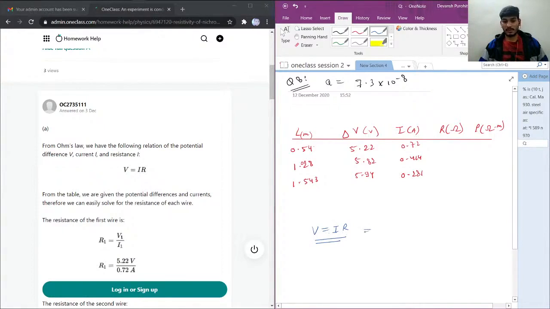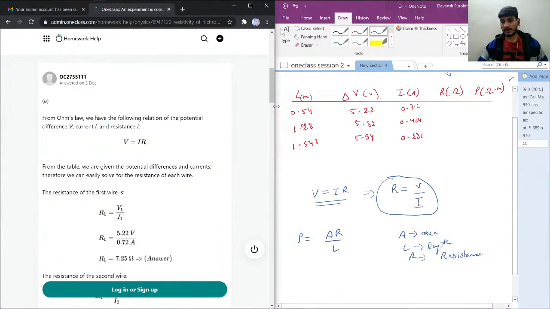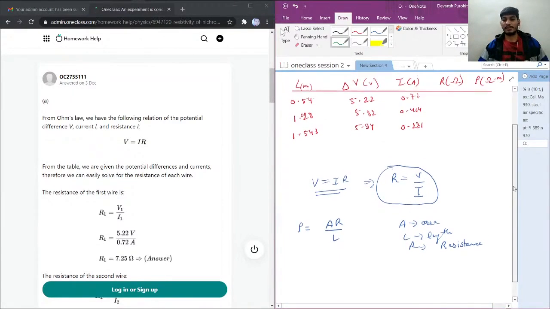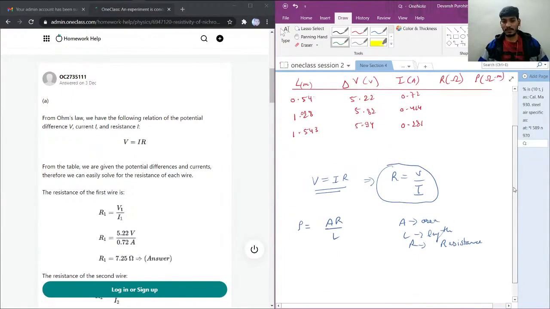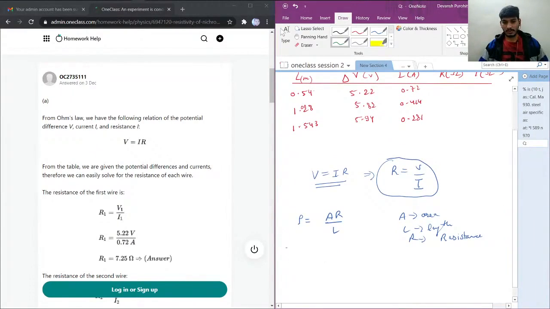So in this way we can calculate R, which is V by I. This R is going to be calculated with this formula, and we calculate resistance and resistivity for 1, 2 and 3. I'll calculate for the first one, and as soon as we calculate, we'll write the value in the table. So for the first one, let's say this is A, B and C.